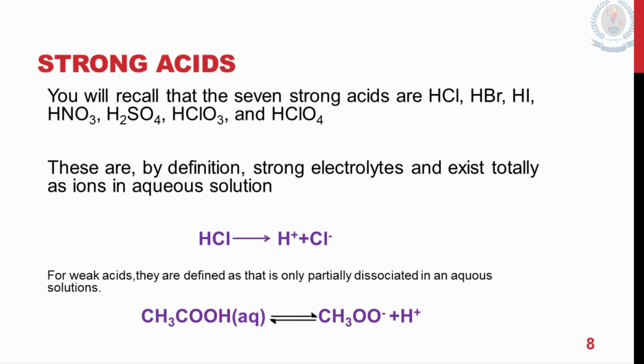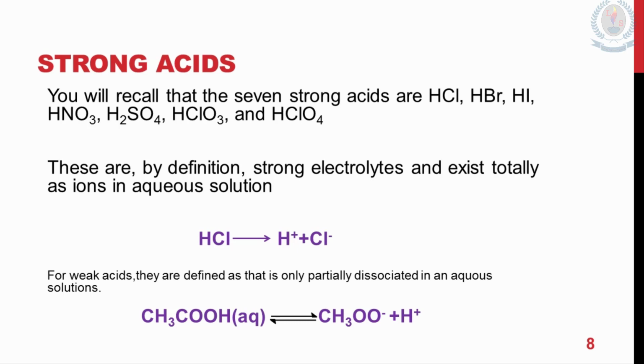Now think about weak acids. What happens in weak acids? Weak acids are defined as those that only partially dissociate in aqueous solution. Less than 10%. They do not dissociate even 10%.